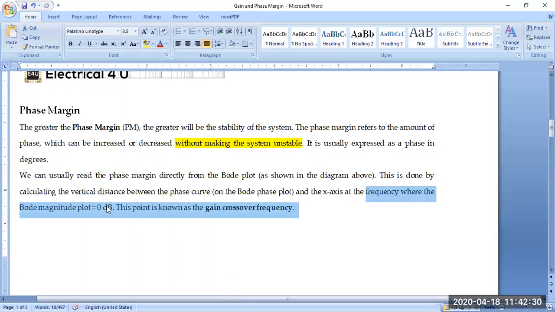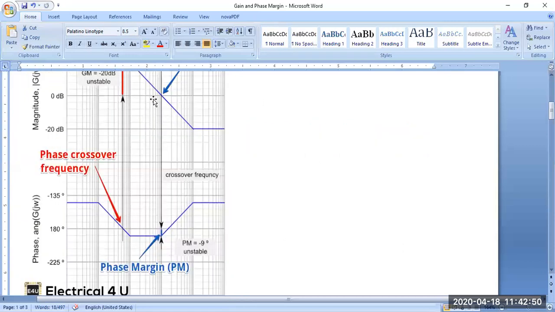This is done by calculating the vertical distance between the phase curve and the x-axis at the frequency where the Bode magnitude plot is 0 dB. This point is known as gain crossover frequency. We have seen it already. Calculate the gain crossover frequency, find out where the magnitude plot cuts the 0 dB.